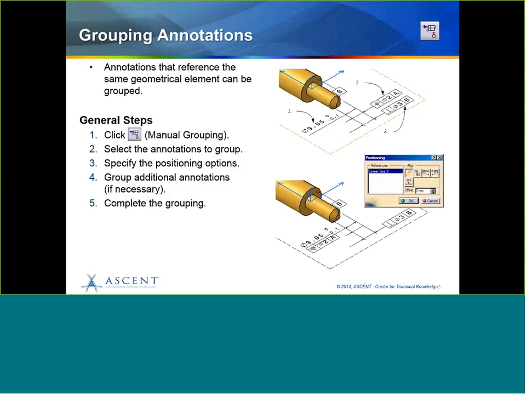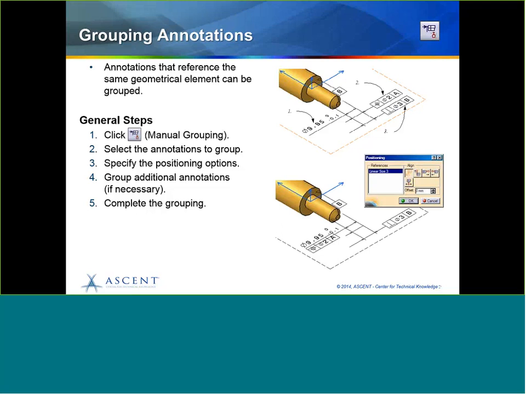So what I mean by that is, if I have one annotation and I want to group a second annotation with it, that's great. If I now group a third annotation with it, the system actually groups that third annotation to the second annotation.